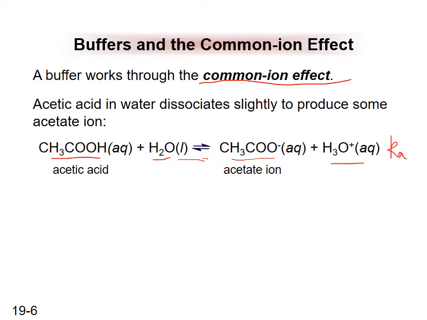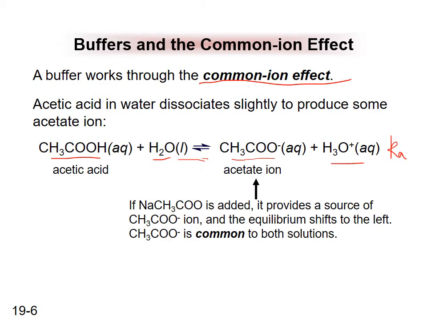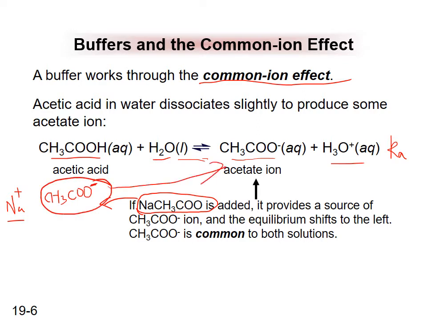Now, what happens if we add sodium acetate? Sodium acetate is a salt that will completely dissociate into two ions: one is sodium ion, one is acetate anion. Essentially we are adding an associated anion to the solution.